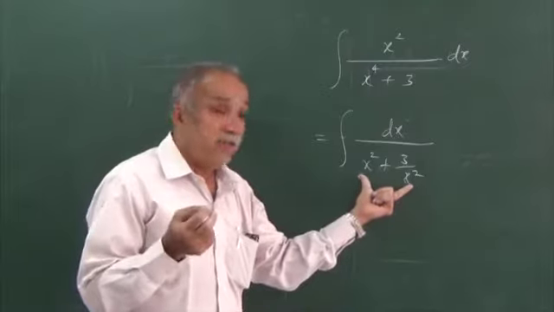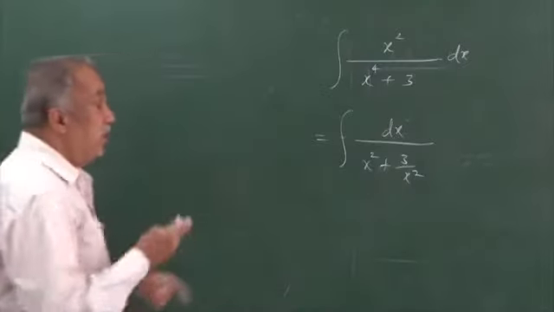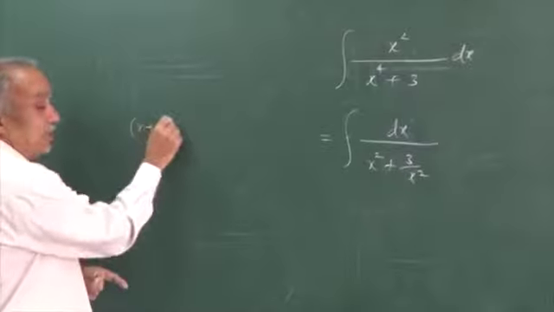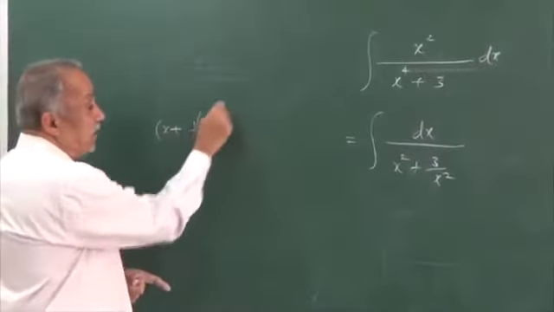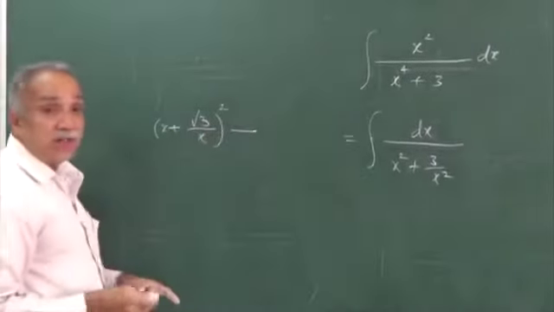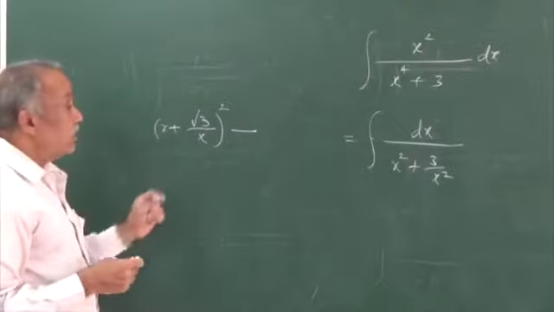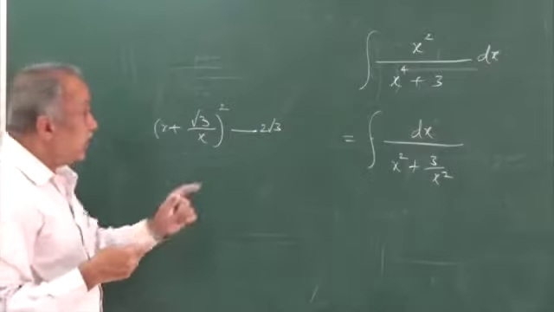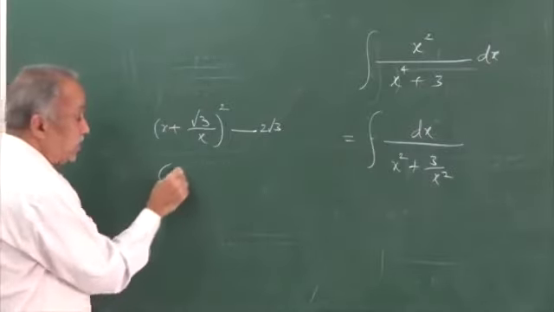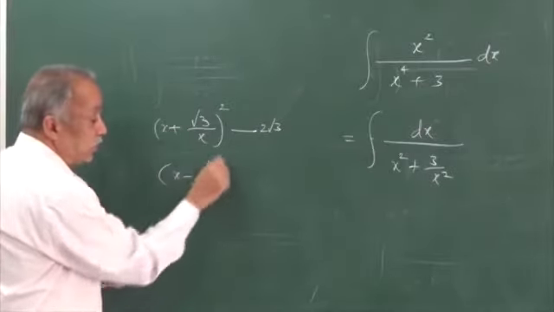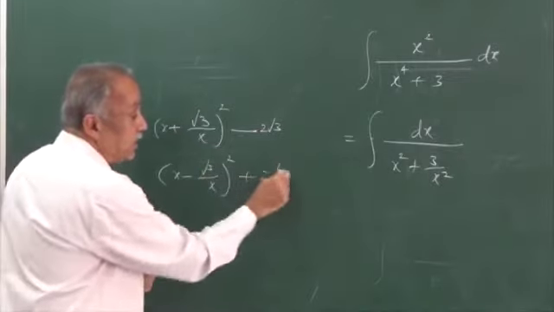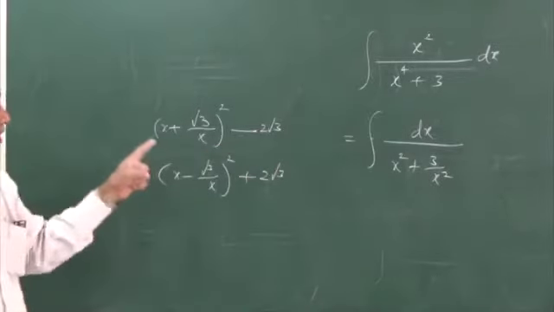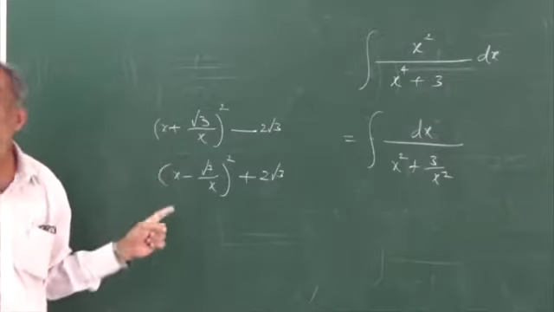If you are using x plus root 3 by x, denominator is expressible as x plus root 3 by x whole square minus a constant. The constant to be subtracted is root 3. Using x minus root 3 by x, you may write it as x minus root 3 by x whole square plus root 3.